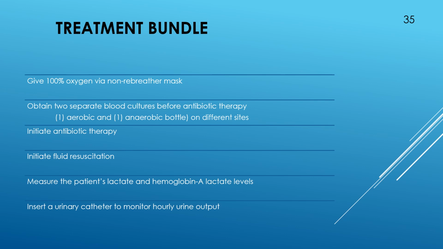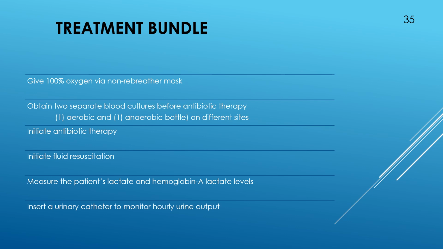This is a treatment bundle that consists of many different things, and I'm going to go into each in detail a little bit later. Basically, these patients are hypoxic, and they could benefit from 100% oxygen via a non-rebreather. Also, you need to obtain 2 separate blood cultures before antibiotic therapy, one aerobic and the other anaerobic, on different sites.